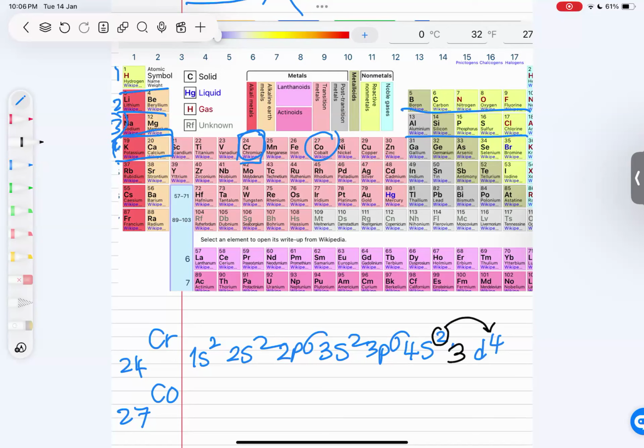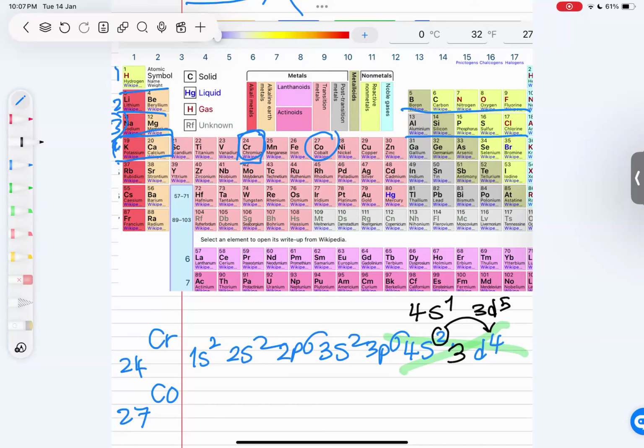Thank God this happened in only chromium and copper. The rest are all okay. It means I will not write it like that. I will write it like that: 4s1 3d5. No need to know why it's like that. This is the correct arrangement of the electronic configuration.